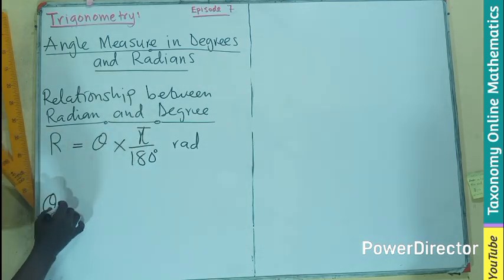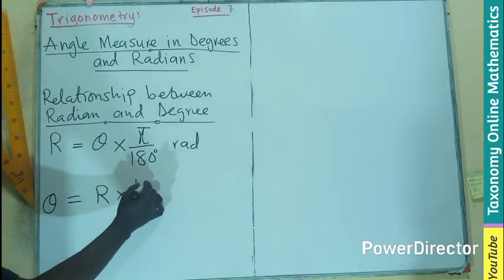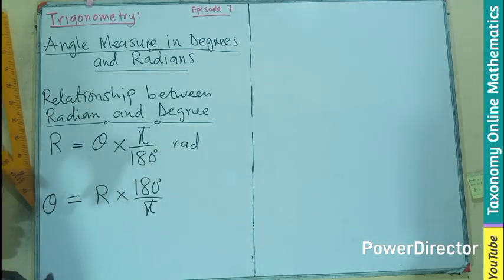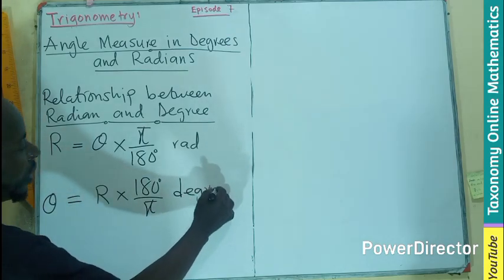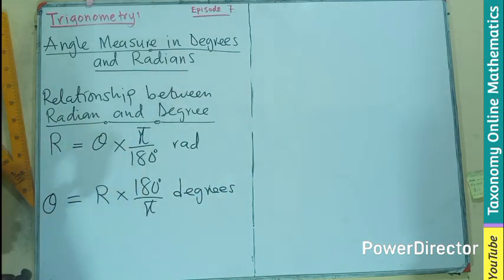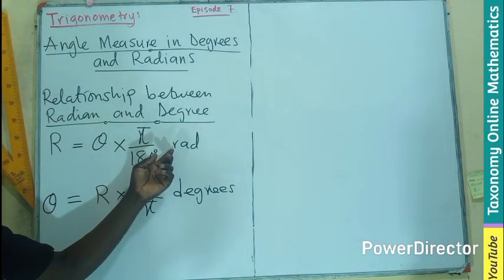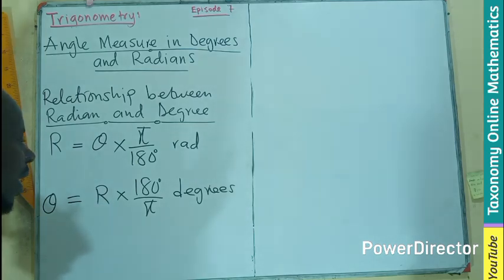So if I'm looking for theta, that also means I multiply the radian by 180 degrees divided by pi. And this will be in degree. So I can put degree in here. Now check. This could also go behind and multiply, as we know multiplication is commutative.